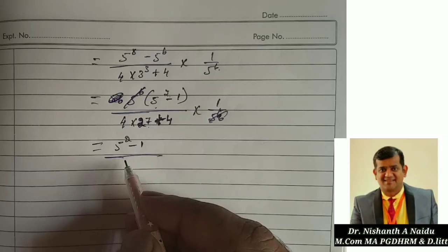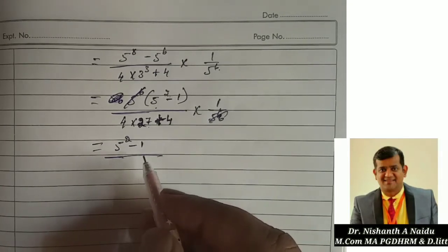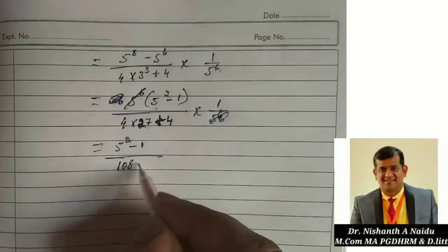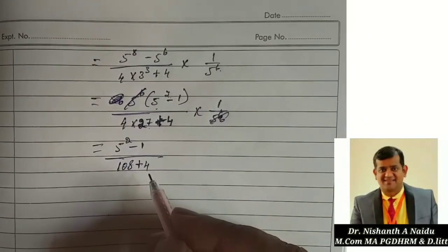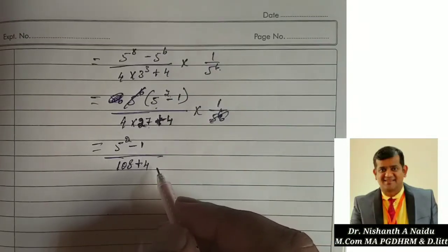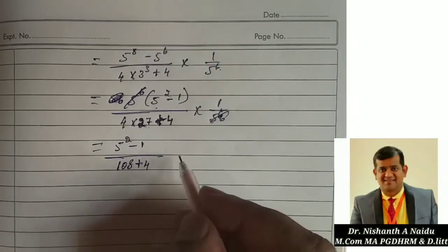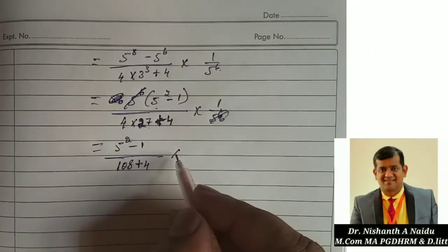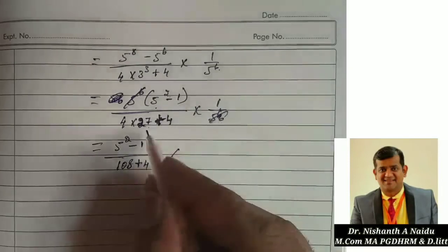That is 108, plus 4. That is 112. Okay, that is 112. So this is gone.